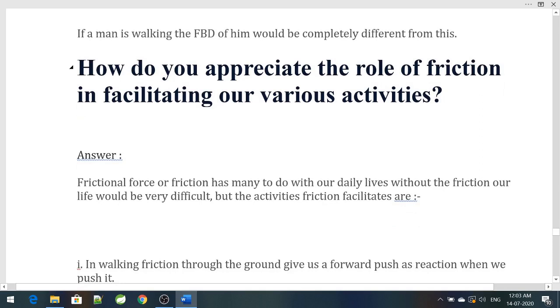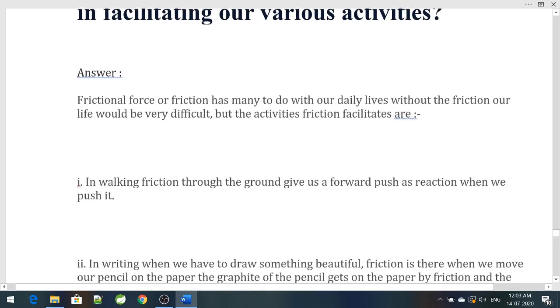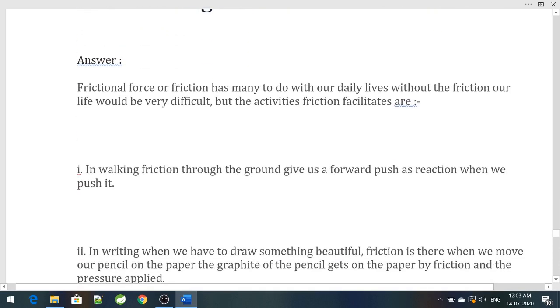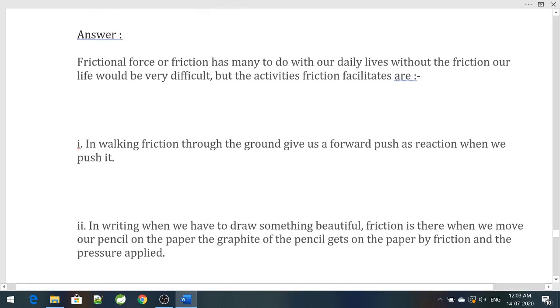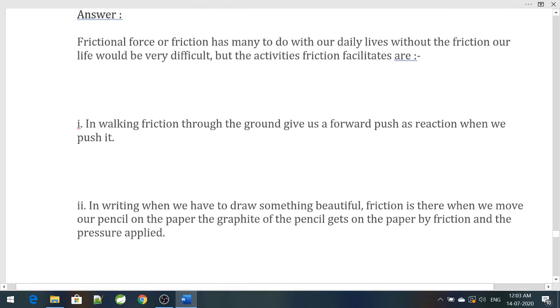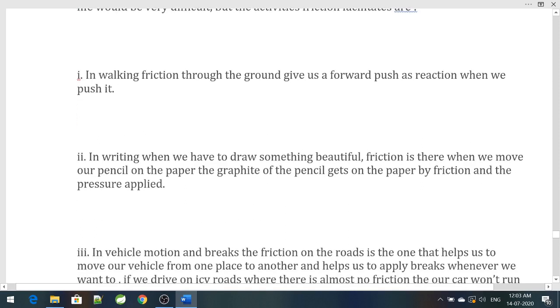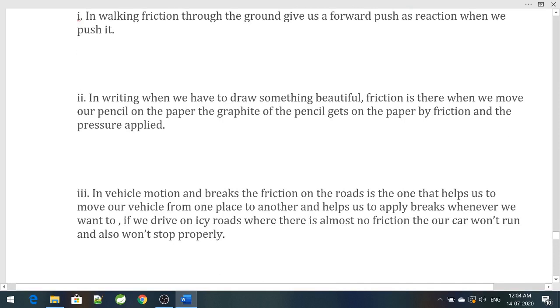How do you appreciate the role of friction in facilitating our various activities? Frictional force or friction has a lot to do with our daily lives. Without friction, our life would be very difficult. The activities friction facilitates are, first, walking: friction from the ground gives us a forward push as a reaction when we push it. Second is writing.